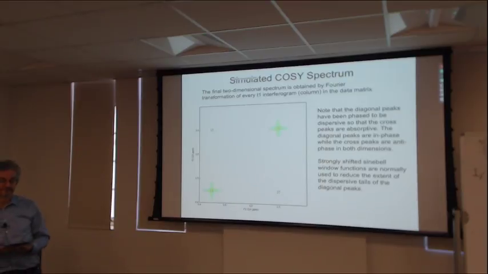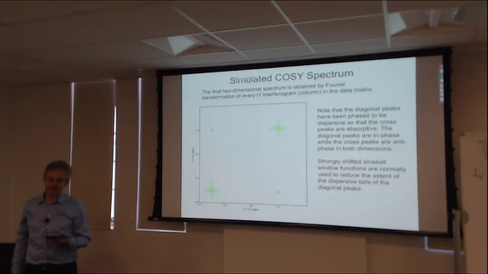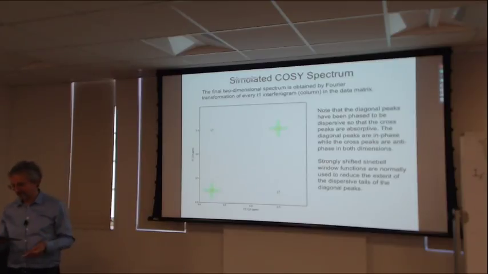And hundreds of graduate student and postdoc hours have been devoted over the years to trying to improve this situation. How are we able to look closer to the diagonal and avoid the problems of the dispersive cross peaks? Of course, one hardly runs a COSY experiment anymore.